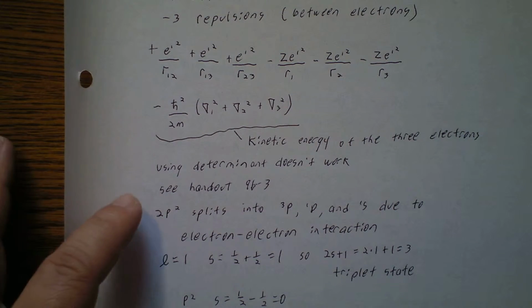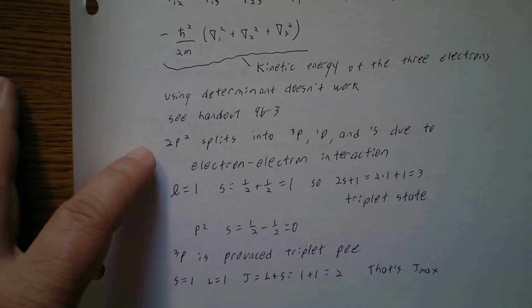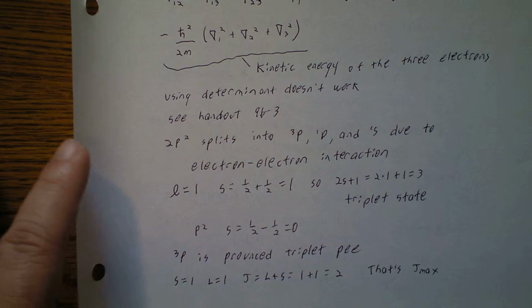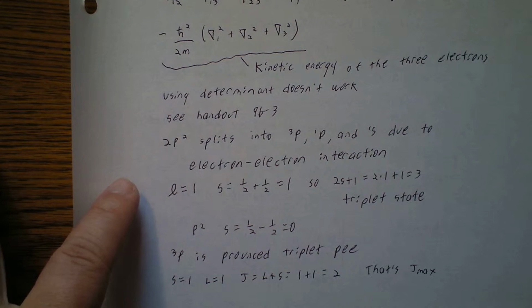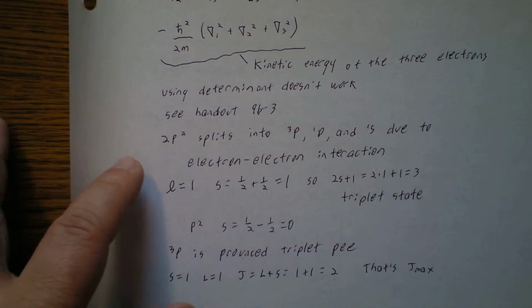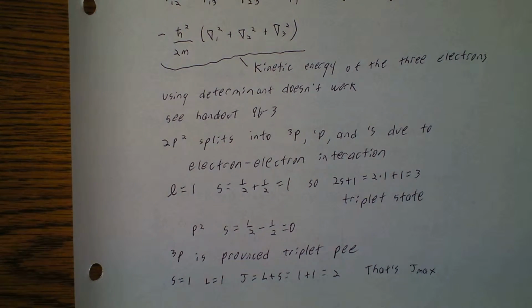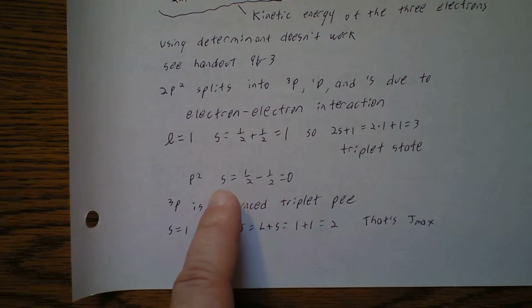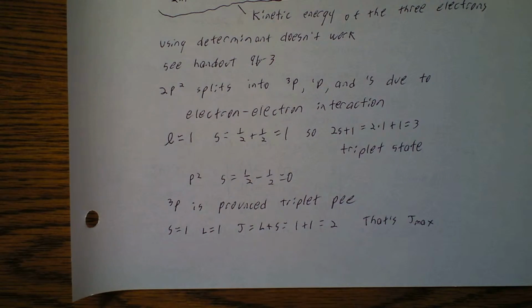So see handout 96-3. So 2p2 splits up into 3P, 1D, and 1S due to electron interactions. So we have for L equals 1, S equals 1/2 plus 1/2 equals 1. So 2S plus 1 is equal to 2 times 1 plus 1 is equal to 3. That's a triplet state. And then for the other, S equals 1/2 minus 1/2 equals 0.